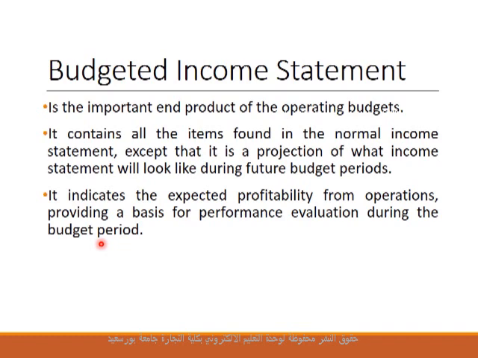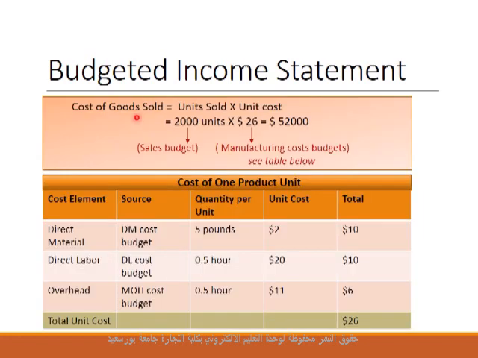In specific, budgeted income statement is extremely useful for testing whether projected financial results of a company appear to be reasonable, and this can be done through comparing actual and budgeted net income. Before starting in preparing budgeted income statement, we need to compute cost of goods sold. Cost of goods sold can be computed by multiplying units sold by unit cost.